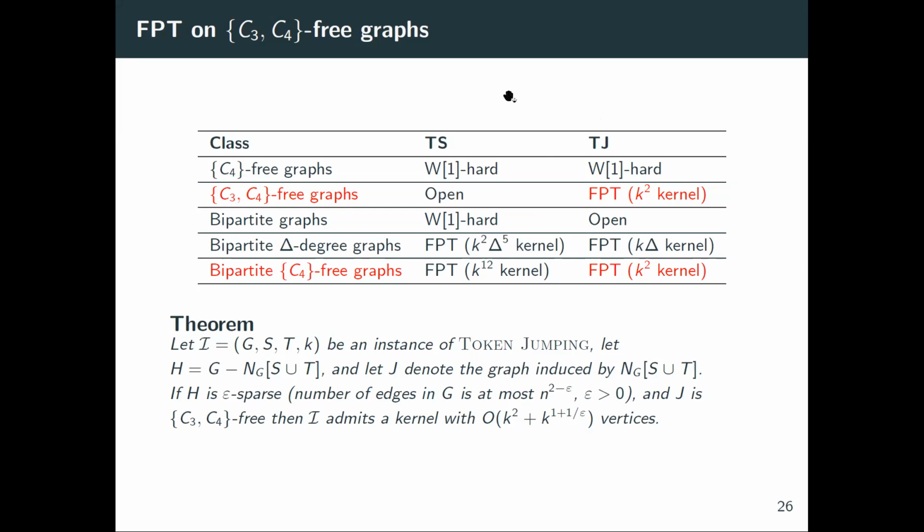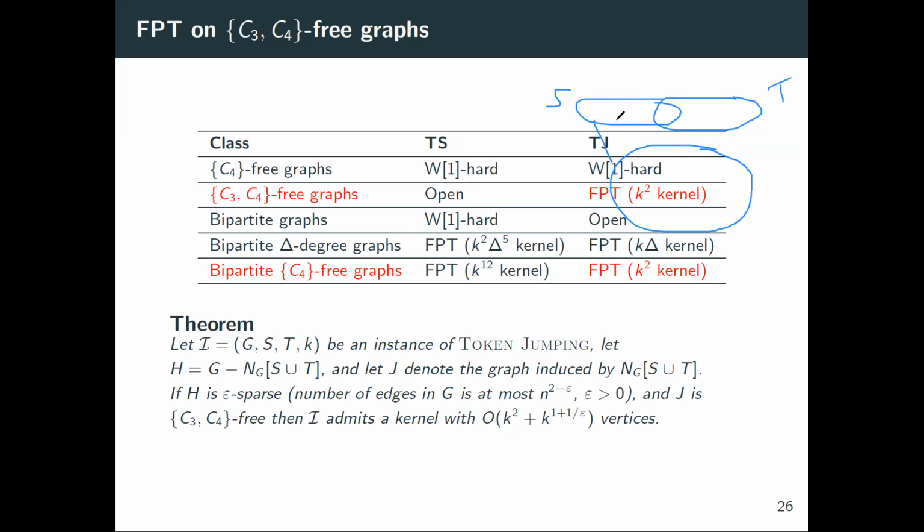If you look at any instance of the token jumping problem, remember, an instance of token jumping has the input graph, the starting set, the target set, and K as the number of tokens. Let me try and draw something here. You can decompose your graph as follows. You have S, you have T, their intersection need not be empty.